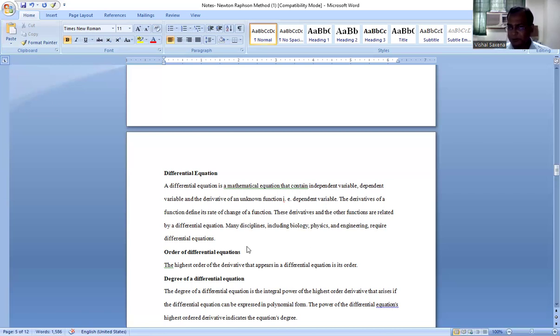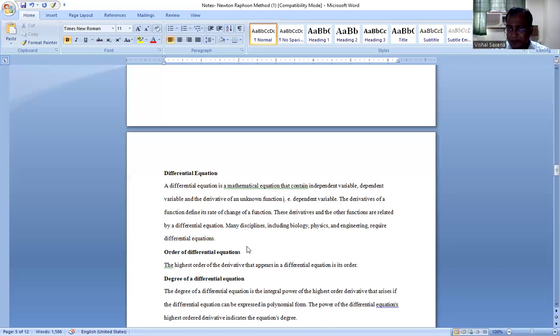The rate of change of a function will always come in the numerator, and the independent variable will always come in the denominator. So these derivatives and the other functions are related by differential equations. Ultimately we can define a differential equation as a relationship between the independent and dependent variables and the derivatives of the dependent variable.